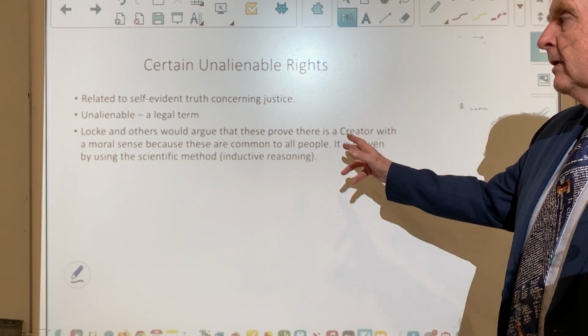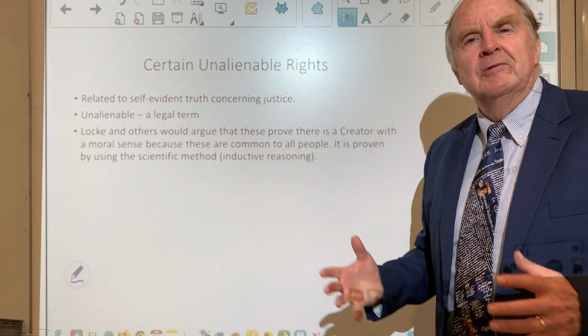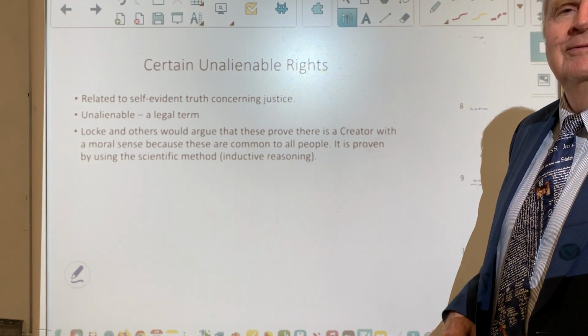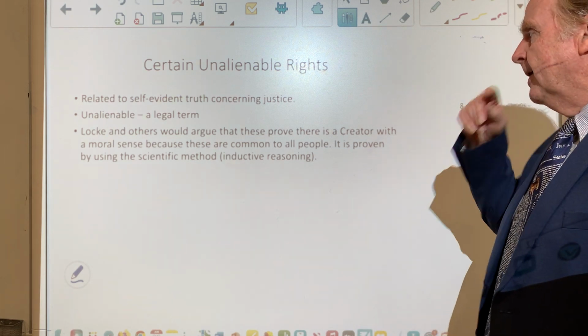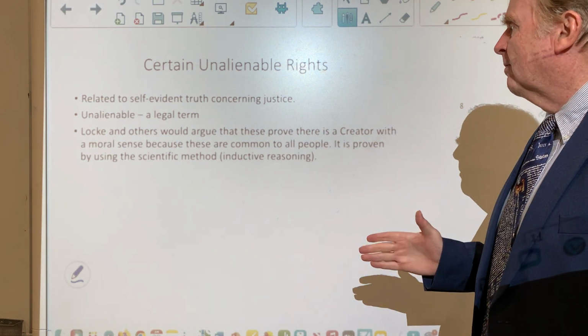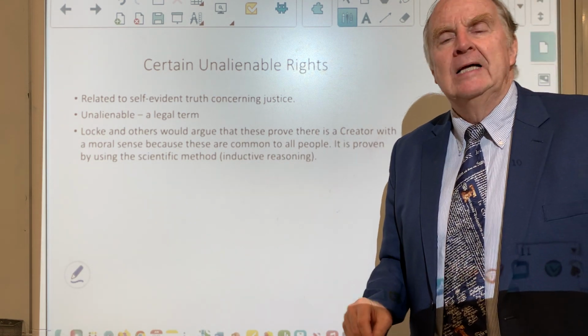Now, John Locke and others, and this is where these principles actually come from, the writings of John Locke, although a lot of them go back to Greek philosophers as well. They would argue that these things prove there is a creator with a moral sense, because these things are common to all people.